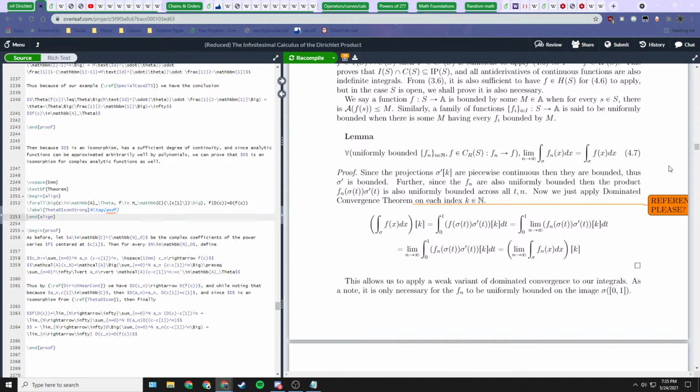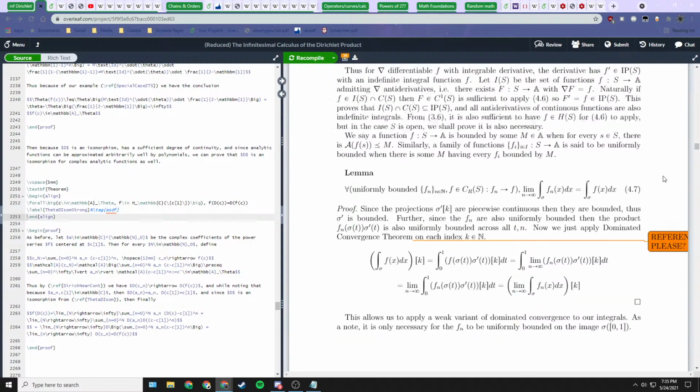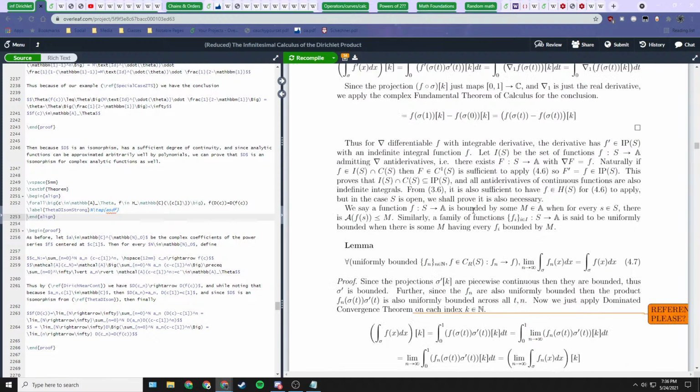We're going to prove essentially dominated convergence. So we want some uniformly bounded series of functions, so they're all bounded by some constant. And let's see, what is this other set here I've defined?